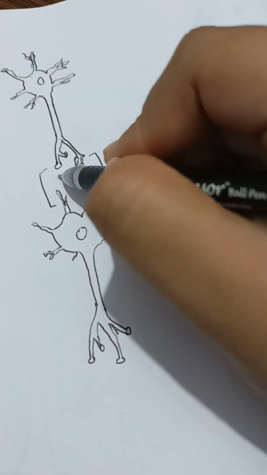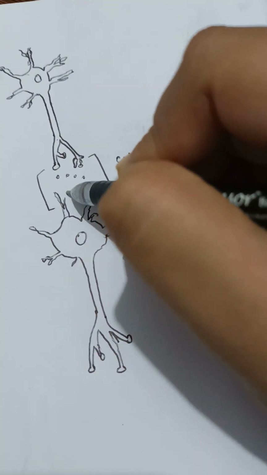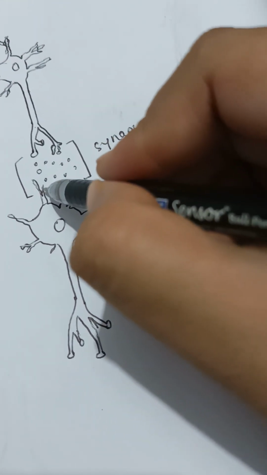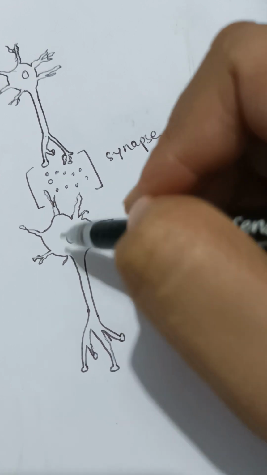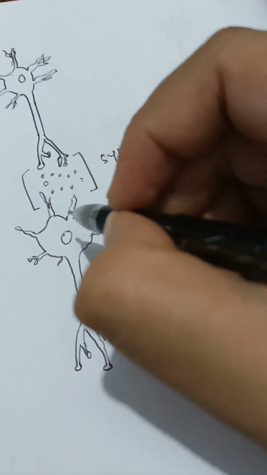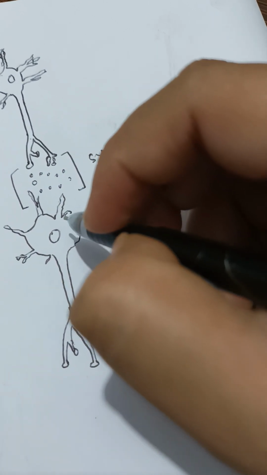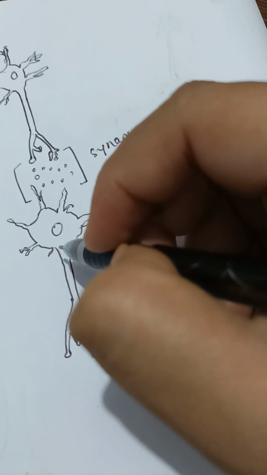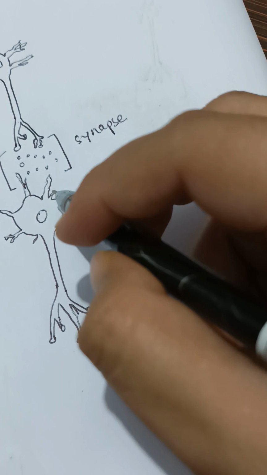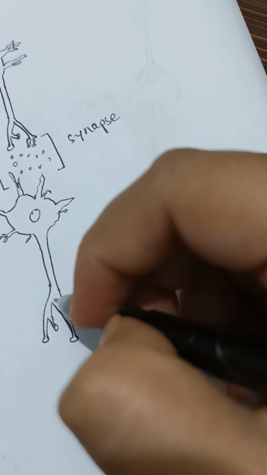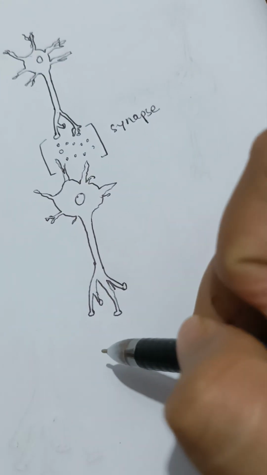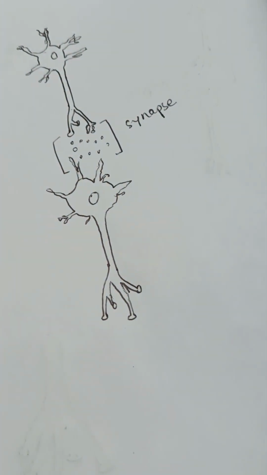Now, when these neurotransmitters are released here, they go and attach to the dendrites of this neuron, and after that these dendrites will receive the signal once again, and just like that the impulse will be transmitted from the cell body to the axon terminals, and on to another neuron.